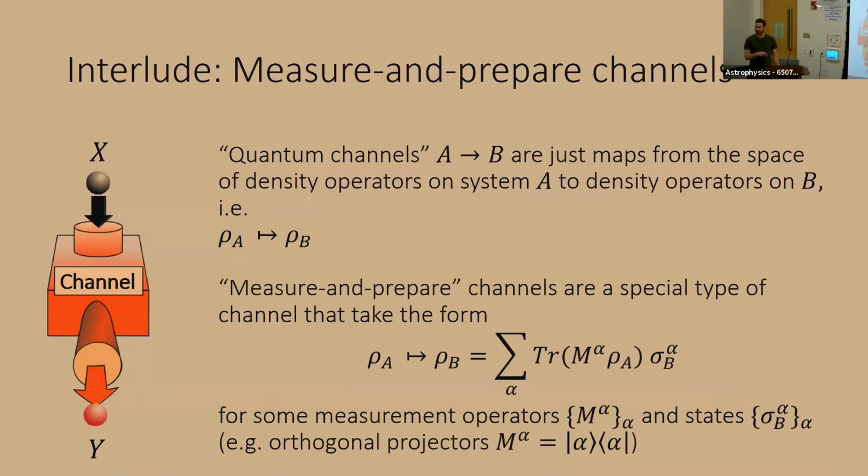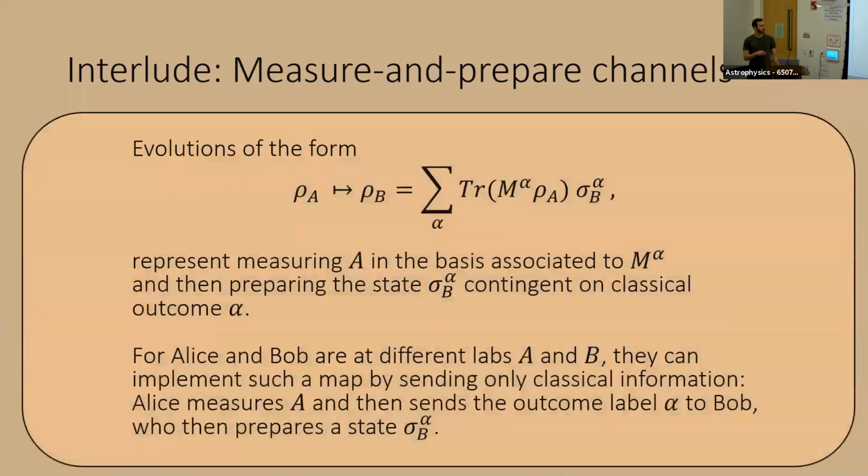So what this evolution is, I'll blow this up, it looks like we're taking our input state, we're measuring it in some, maybe an orthogonal basis, and then contingent on that classical outcome alpha, we're going to prepare some state on B that depended on alpha. And this is a very special type of evolution.